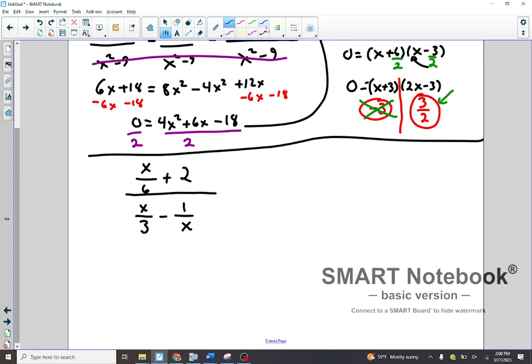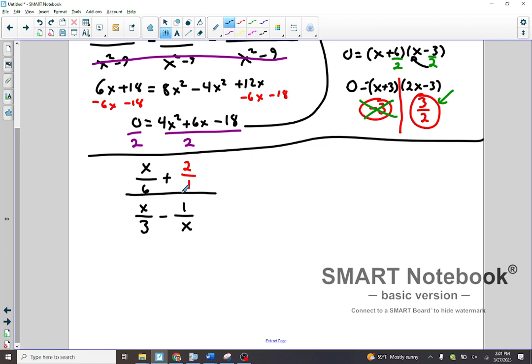So in this case, we have a complex fraction. The first thing I do, I make everything a fraction. So I'm going to rewrite this 2 as 2 over 1, okay? You could put an under 1 right in there. Now in this situation, I want all my denominators to match. So I need 6, 1, 3, and x to match. What's the thing that they all can multiply to?